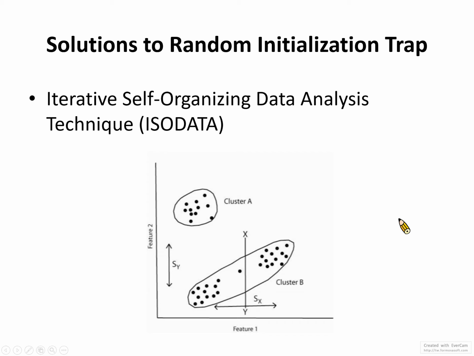Okay, another solution to this random initialization trap is the iterative self-organizing data analysis technique, which is abbreviated as ISODATA. The idea behind ISODATA is even more intuitive, because if you find a cluster like this one, cluster A and cluster B, then you just try to measure the distance from each data point to maybe the centroid.